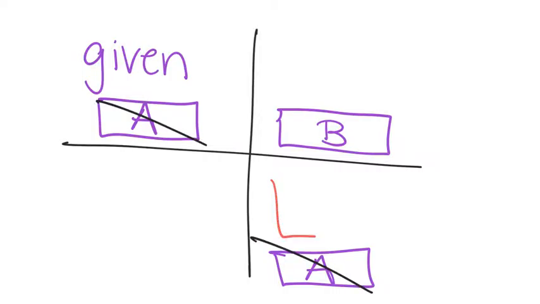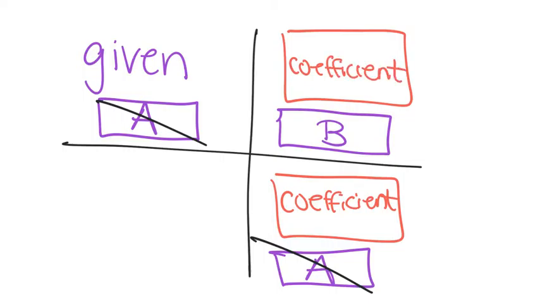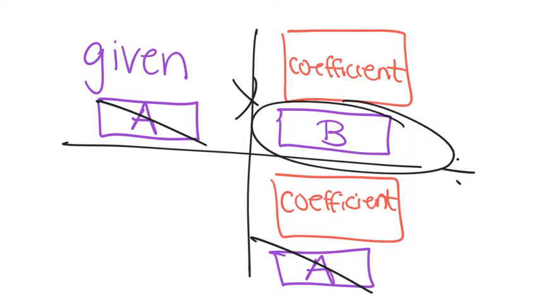The numbers that go above the words come from the coefficients in front of the equation. So this is the coefficient in front of A, and this is the coefficient in front of B. And then you're always going to multiply across and then divide. And always remember to write your final units.